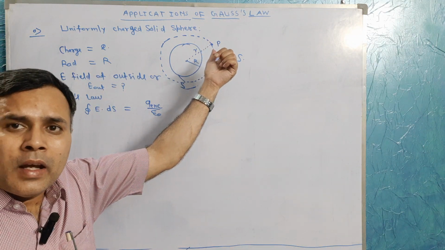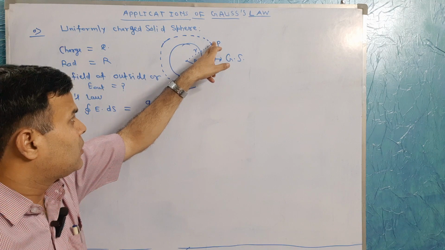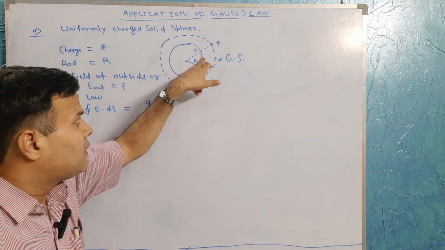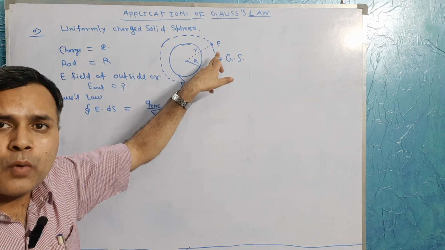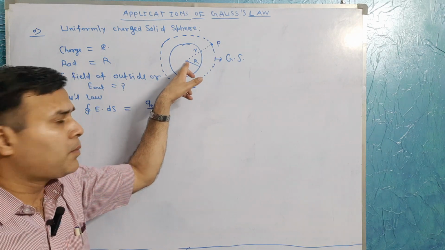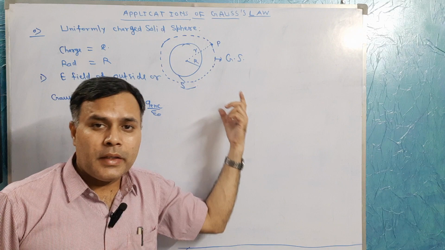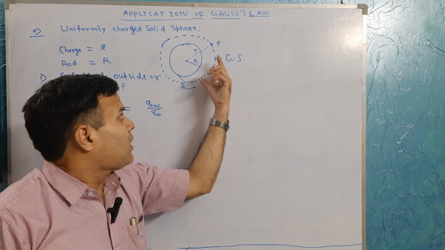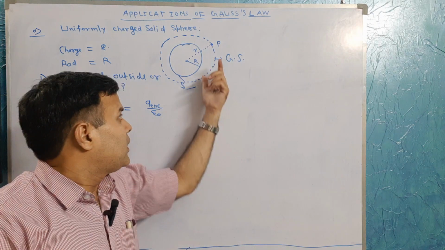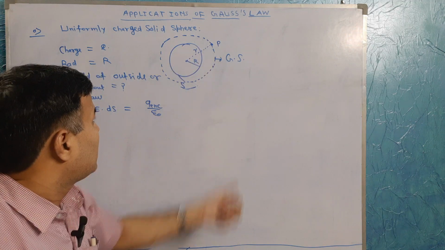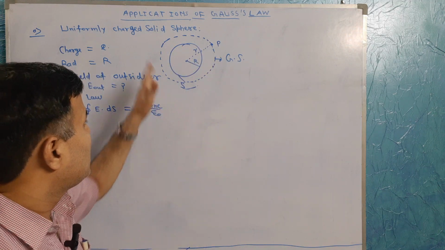This is r, and we want to find the electric field outside the sphere at this particular point P, which is at a distance r from the center of the sphere. So applying Gauss law, in this case our surface is the Gaussian sphere.